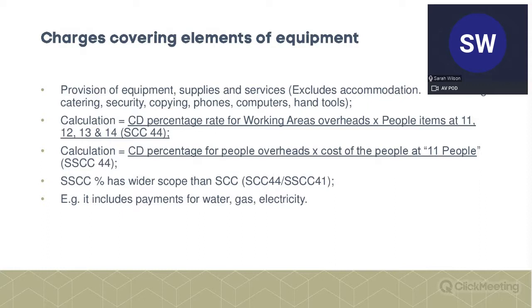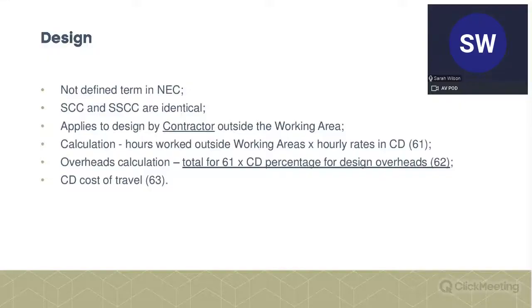So if you're looking at what your percentage would be, I would expect the percentage to be higher for the shorter schedule, if you're on an option A or B contract, than it would be for the schedule, because you've got extra items included.